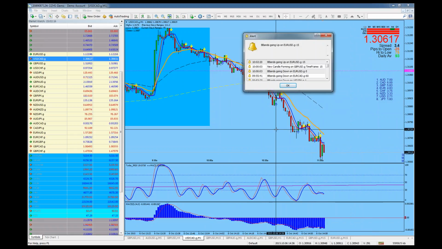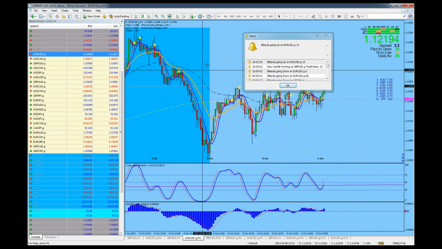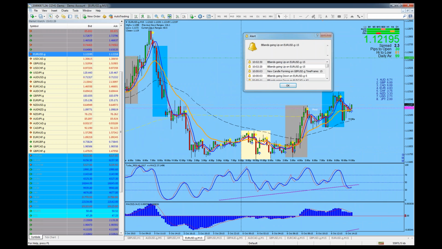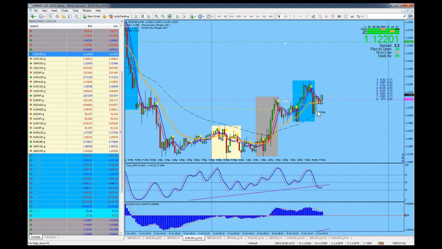All right. So now, and there we go. B bands going up, EuroDollar 15-minute chart. And now if you look at this on the 15-minute, that's a great entry. We're above the 2.5s. We're above the 18. You see what I mean?